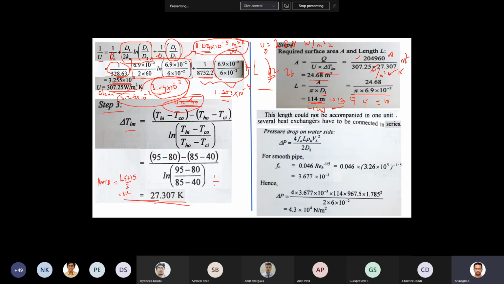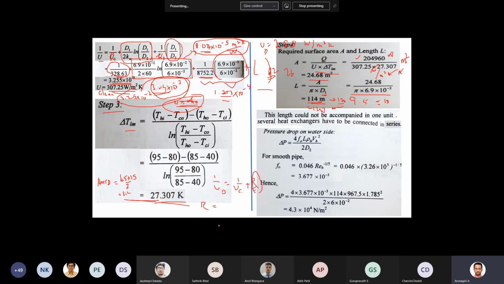So 1 by UD is 1 by UC plus R, that is the fouling resistance. This additional length can be taken because we are providing additional heat transfer surface area to account for the fouling resistance. Then you can calculate the fouling resistance also. This is another way. What is 1 by UD?